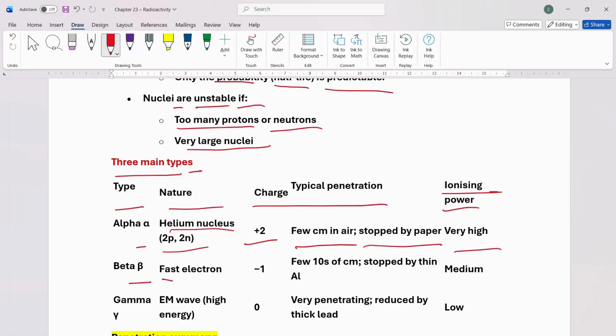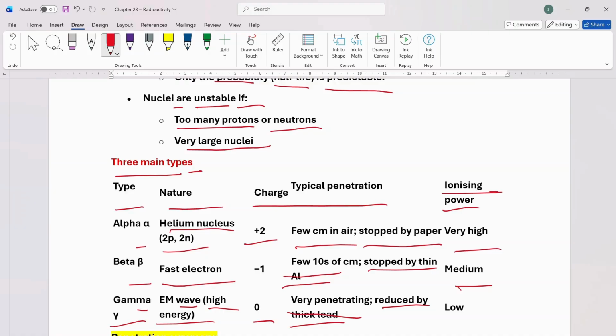Beta particles are fast electrons, charge minus 1, range a few tens of centimeters, stopped by thin aluminium, and ionizing power is medium. Then gamma rays, high energy EM waves, charge is 0, very penetrating, reduced by thick lead, and ionizing power is low.